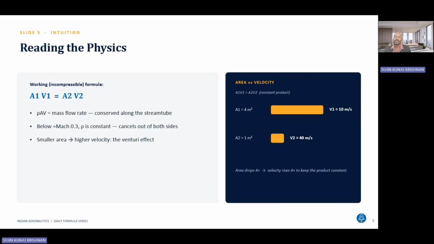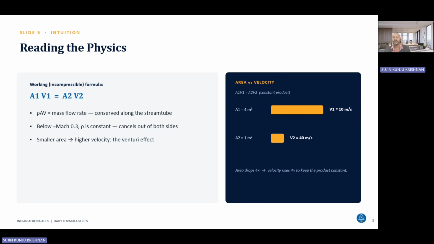And here is the intuition. If the area gets smaller, the velocity has to get bigger to keep that product the same. Squeeze the pipe and the fluid speeds up. That's the Venturi effect.